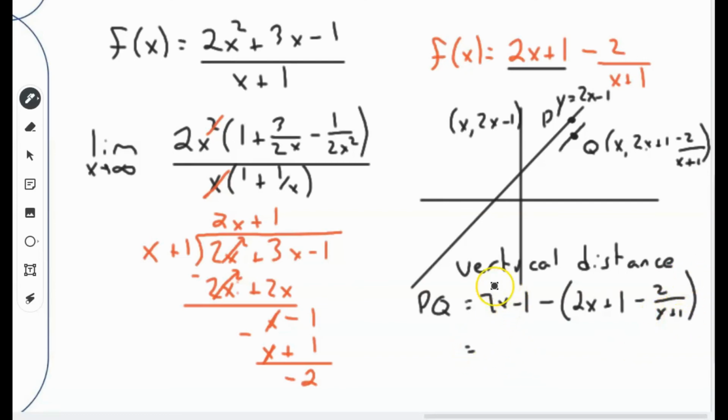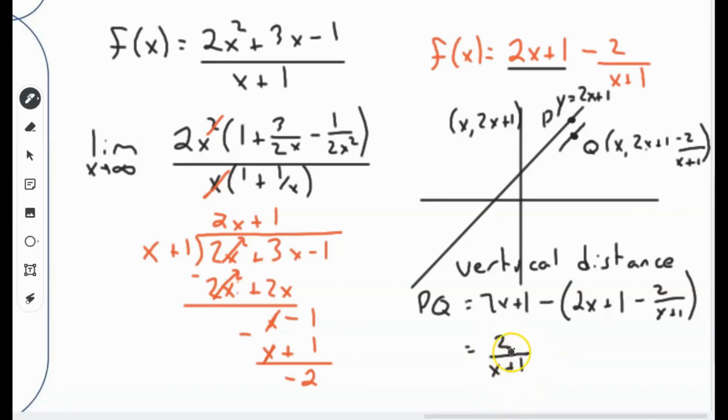When I do that, well, 2x plus 1 minus 2x plus 1, those are just going to cancel. And I'm just left with this double negative here, which is 2 over x plus 1.